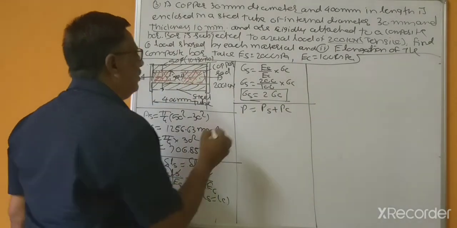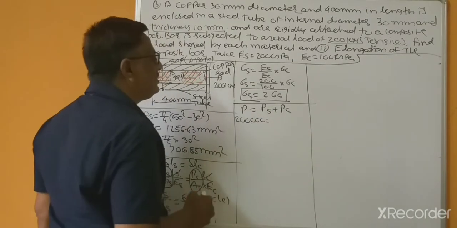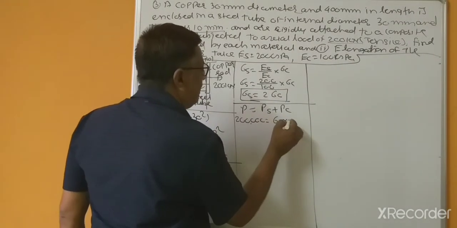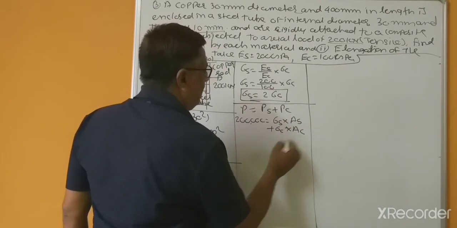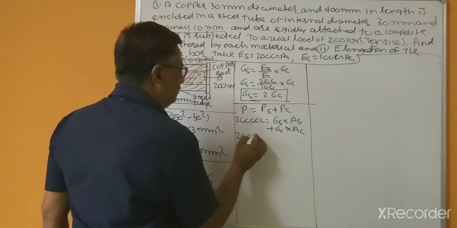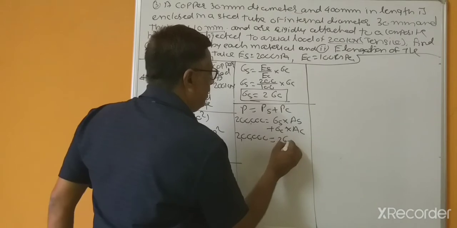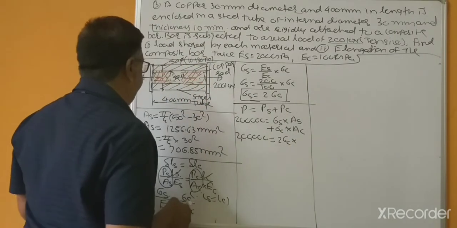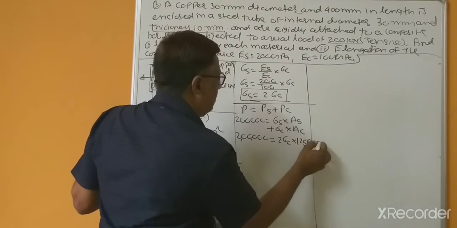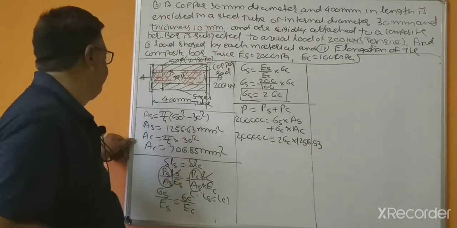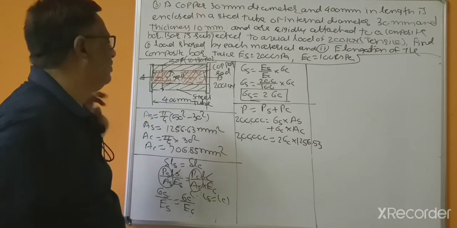So that's why 200 kilonewtons. PS equal to sigma S into AS, and this is sigma C into AC. So 2 lakhs equal to sigma S, which is 2 sigma C, into AS, which is 1256.63, because this is the steel tube.